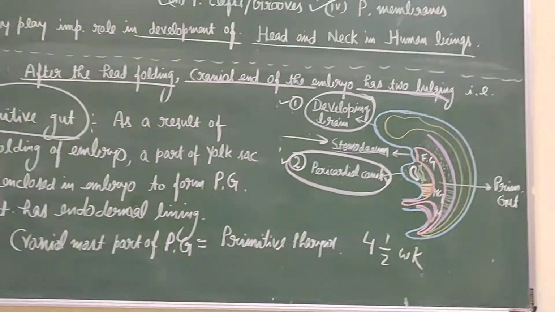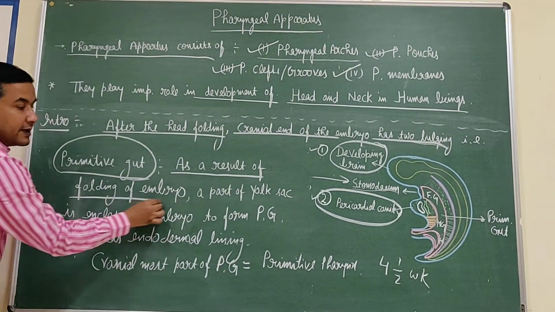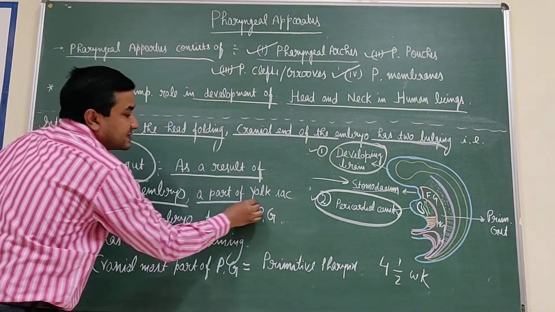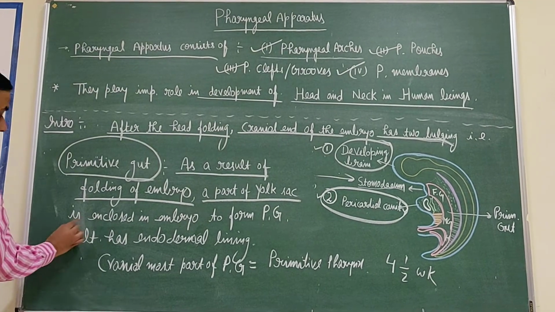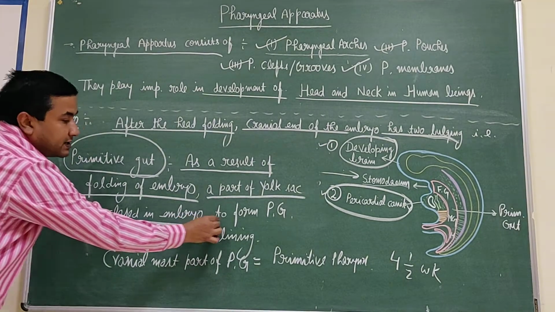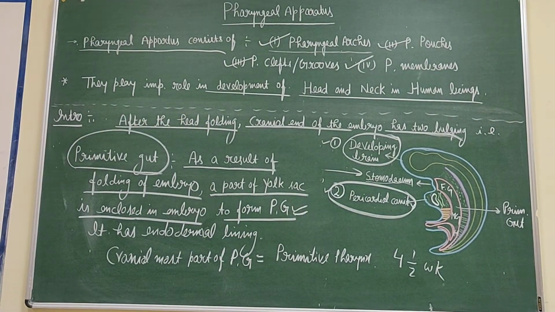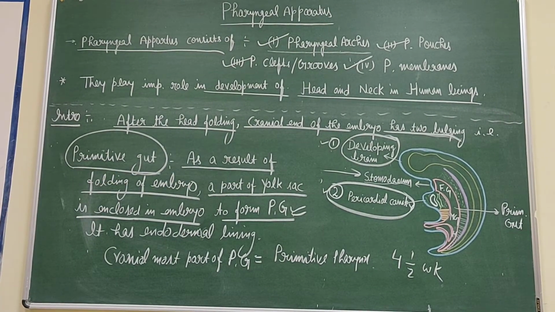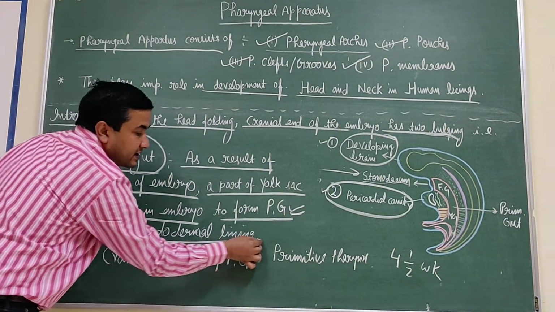As we know, as a result of the folding of the embryo, a part of the yolk sac is enclosed in the embryo, and this enclosed part forms the primitive gut. As we know, this yolk sac is endodermal in lining, so this primitive gut is endodermal.